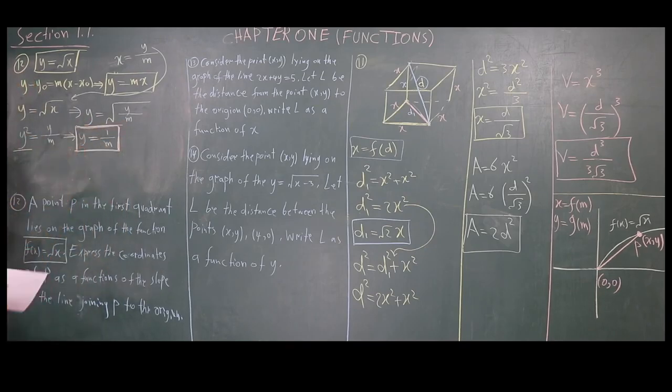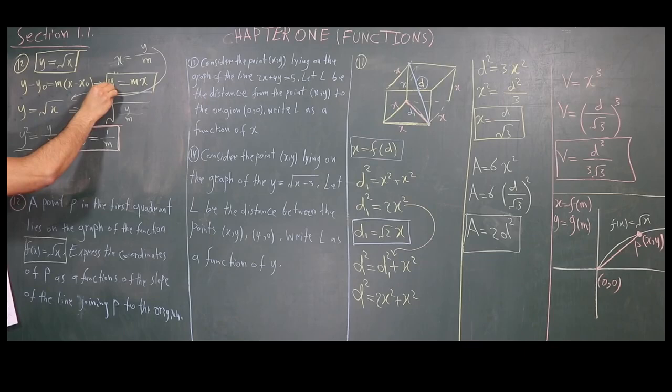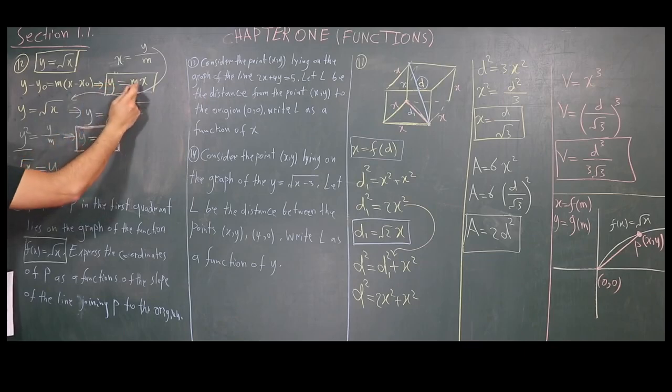So this is the first function that I'm looking for, which is y as a function of m, y equals 1 over m. For the other result, I'm going to bring this base, which is the square root of x equals y, same base. But instead of putting y, I'm going to bring this equation, y equals mx.